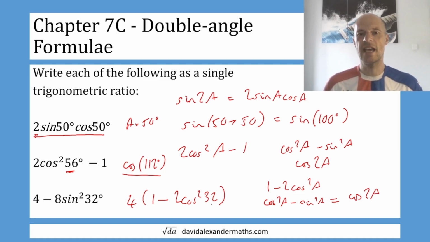Here A is 32 degrees, so 2A is going to be 64 degrees. So this part can be written as the cos of 64 degrees, and it's multiplied by 4, so overall this is 4 cos 64.